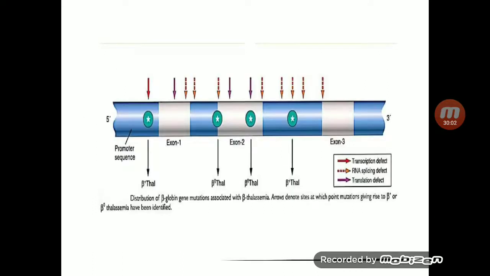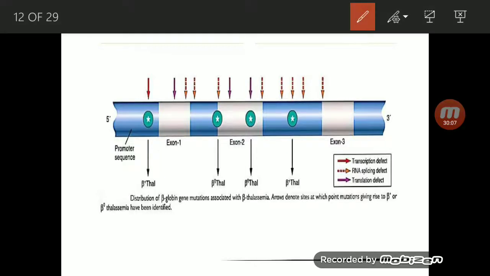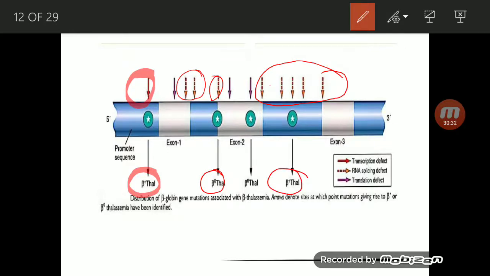So this is your diagram showing different changes. Okay, transcriptional defect. This is a transcriptional defect. You get your beta plus, depending upon your RNA splicing. If you see your splicing of your RNA, depending upon different types of RNA splicing, you may either get beta naught or beta plus.